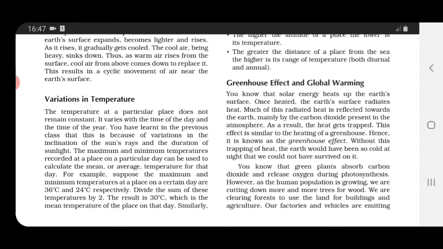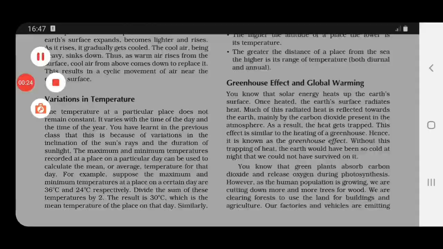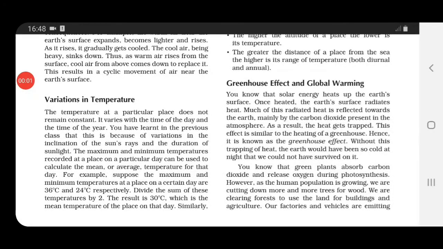Now, how do they calculate the average temperature of the day, children? See here it is given, the maximum and minimum temperatures recorded at a place on a particular day can be used to calculate the mean or average temperature for that day. एक particular day का वो लोग average temperature कैसे निकालते हैं? उस दिन का maximum temperature and minimum temperature, these two are recorded and then they calculate the average temperature of that particular day.